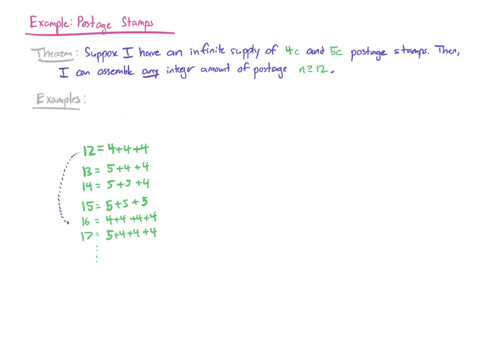Similarly, the pattern for 17 is just the same as the pattern for 13 with another 4 added. I can always add 4. And so if I can look back 4 steps and construct that, I'll be able to construct the number I'm on right now. So this gives us our big idea.